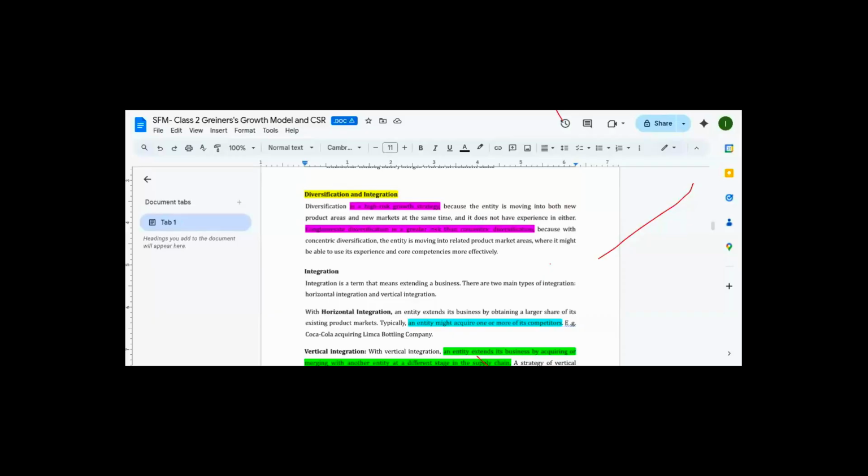So we are going to look at diversification critically under Igor Ansoff growth matrix. In diversification, we have two types: related and unrelated diversification. It comes with a lot of benefits and risks.